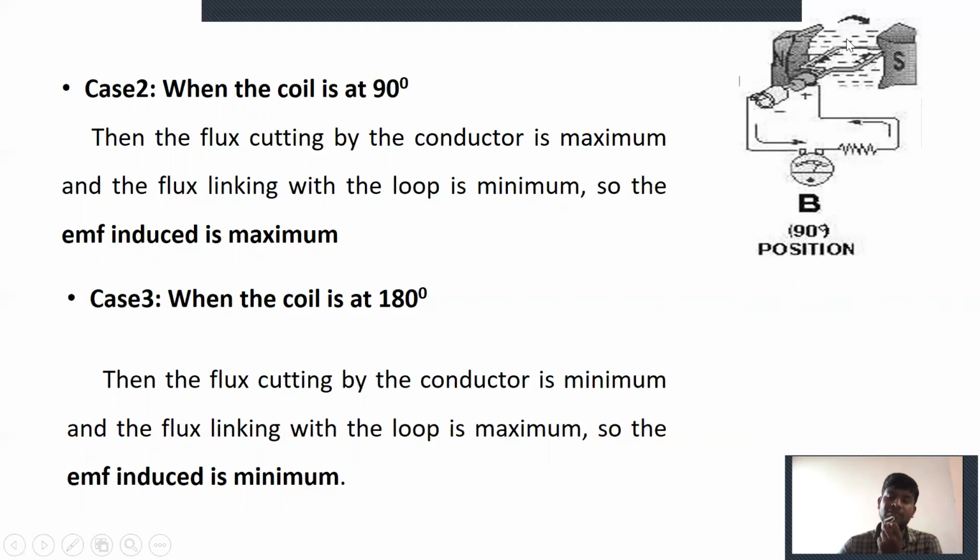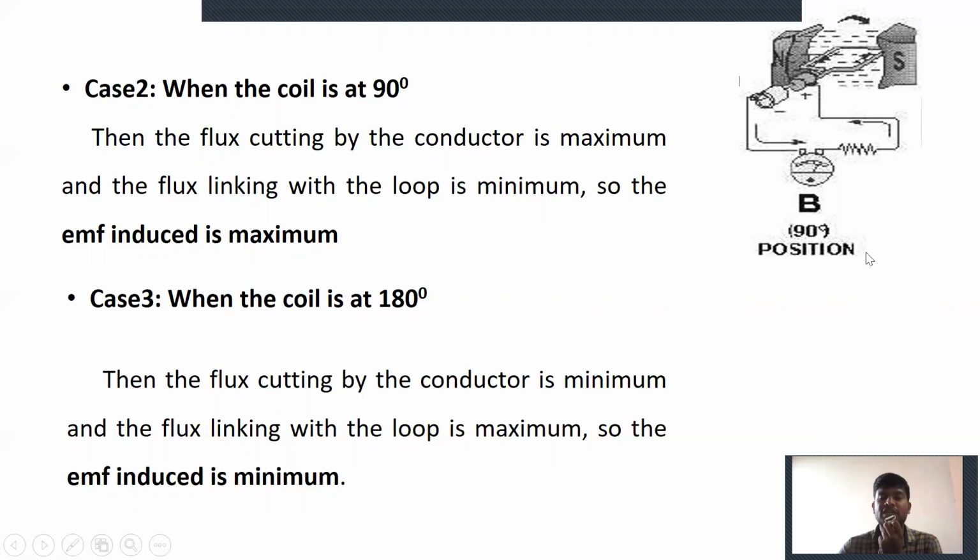The magnetic flux is constant, but the conductor is rotating, so it cuts the flux lines. When it cuts the flux lines, an EMF is induced according to Faraday's first law. Here a rotating conductor cuts the stationary flux lines, so the induced EMF is dynamically induced EMF.